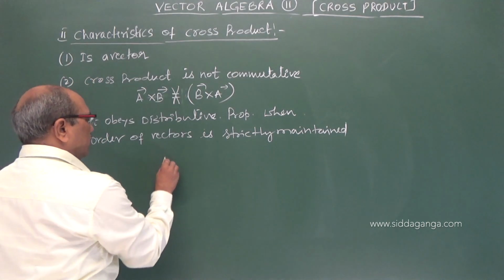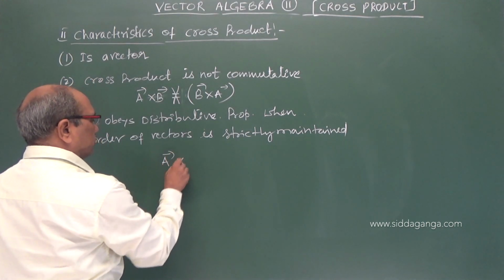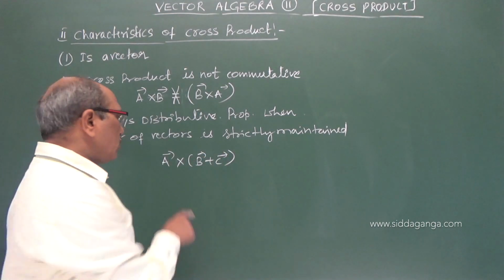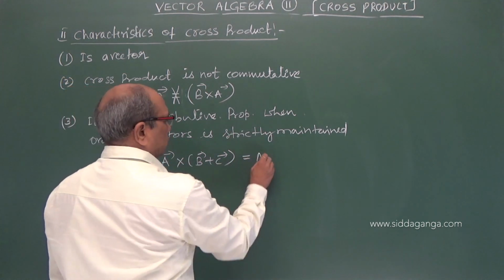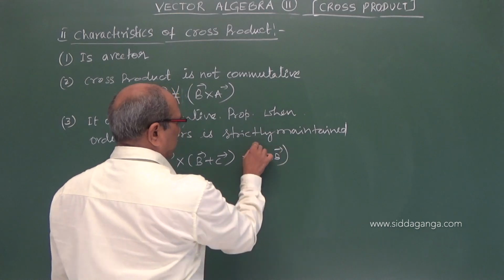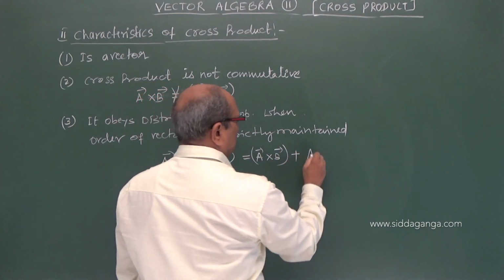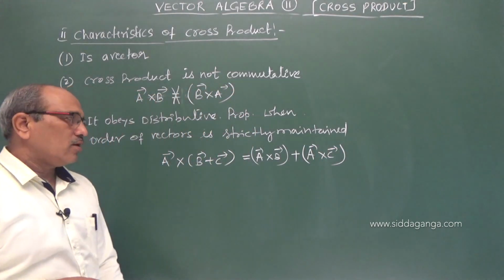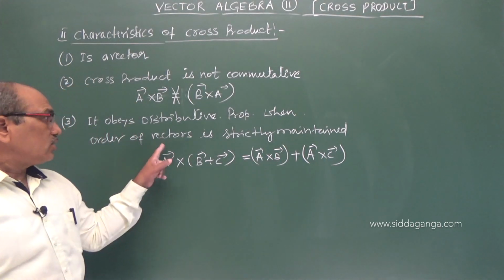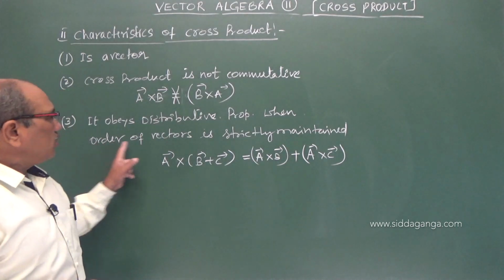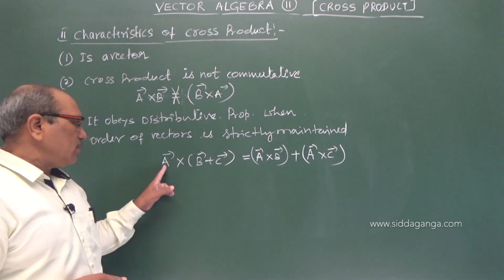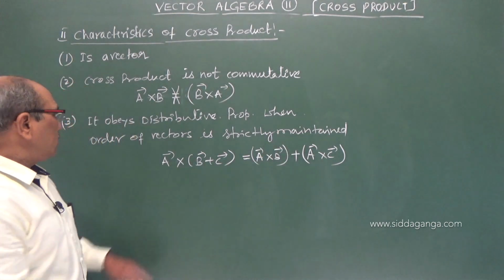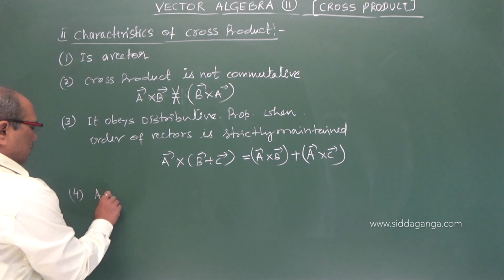That means if I take the vector A cross B plus C, you cannot change it to C plus B, or take A to the other side. So A cross B plus A cross C holds good. You cannot write C cross A, or you cannot write B cross A. That is what the meaning is. When the order of vectors is strictly maintained, then A cross B plus C is A cross B plus A cross C.